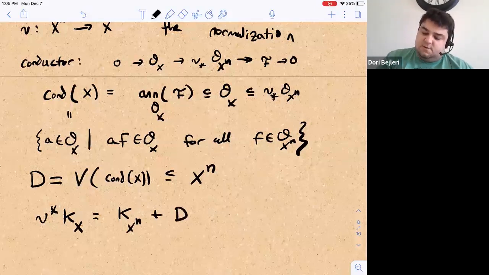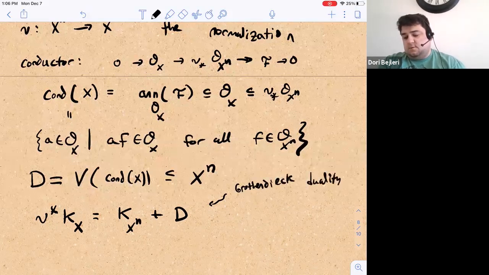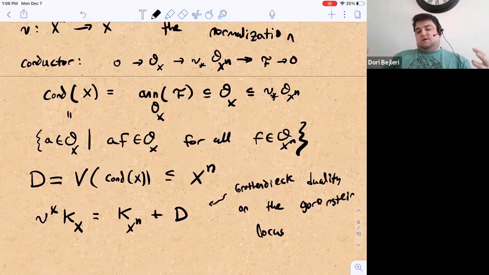I think at least on the large open set, where everything's a line bundle, this follows by Grothendieck duality. And then because that open set has complement of codimension 2, this equality on the Gorenstein locus extends to an equality on everything.